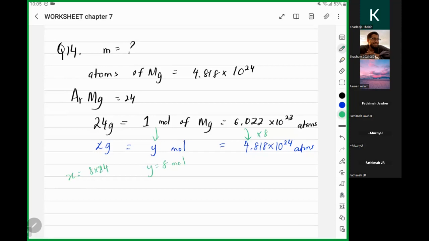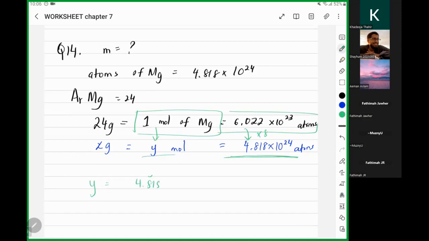Because, okay, I'll explain slowly. I'll explain step by step. It's like this, no? How do you find Y? If 1 mole is 6.022, how much is this? So you have to divide it. 4.818 into 10 to the power 24 will be divided by this 6.022 into 10 to the power 23.